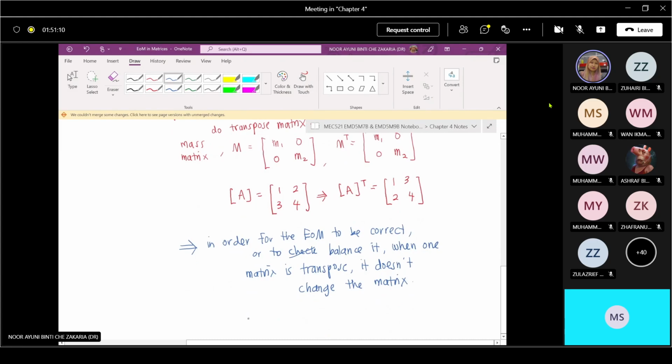You can see an example: mass matrix and damping matrix.